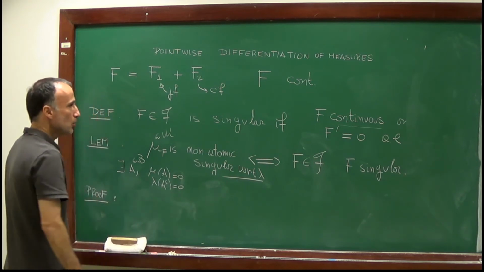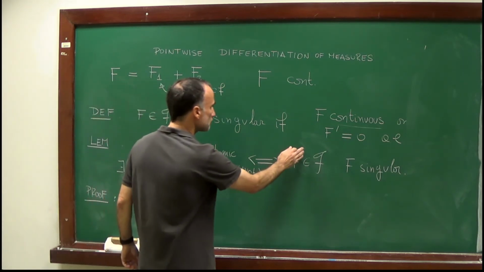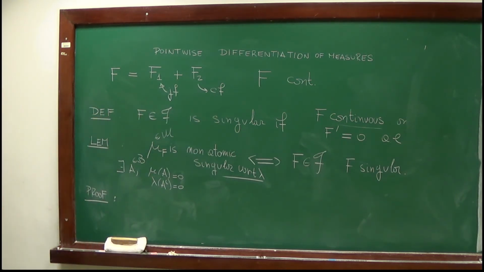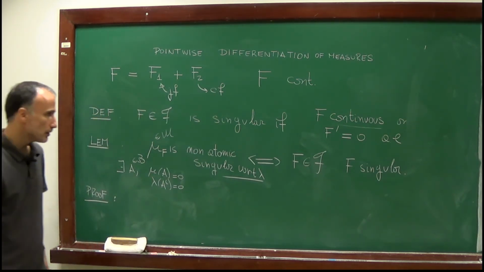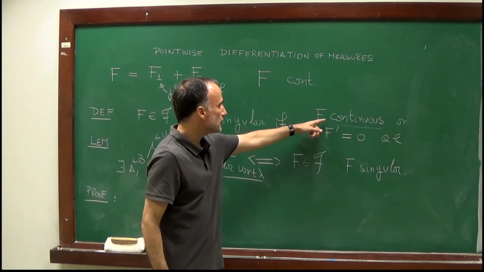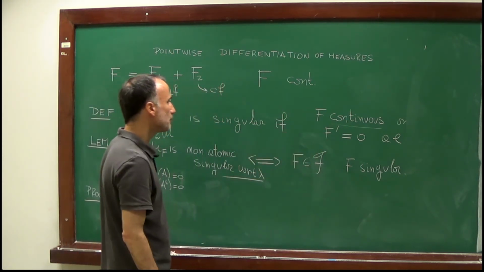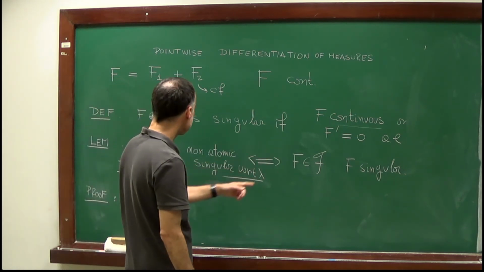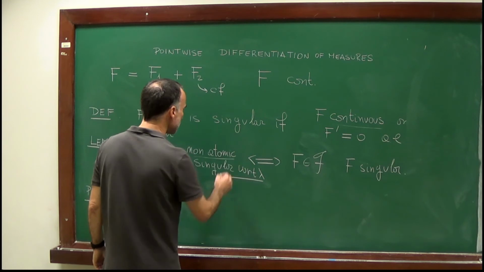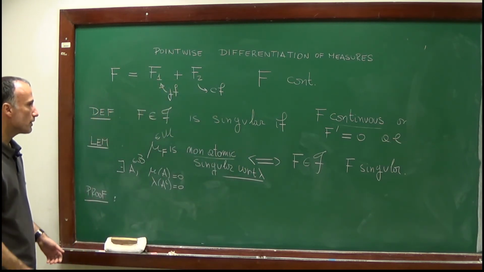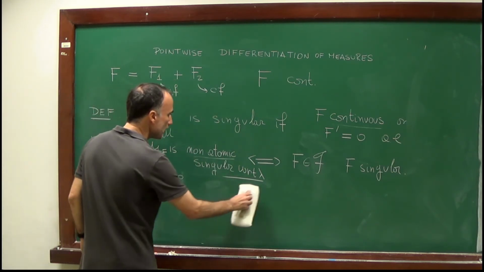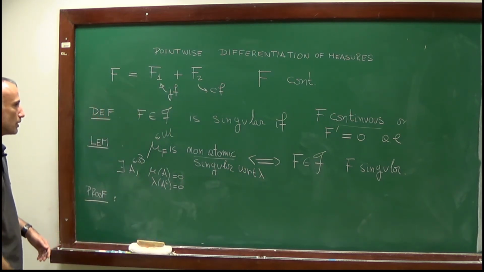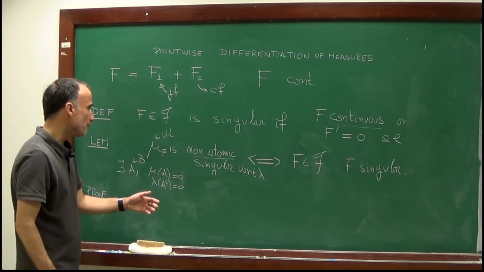Right? Well, so let's assume that f is singular. F being singular means that f is continuous and f prime is equal to 0. Since f is continuous, we've seen that the associated measure is non-atomic. So we already know that it's non-atomic, and now we need to prove that it is singular with respect to the Lebesgue measure.